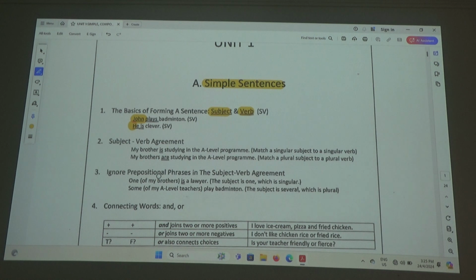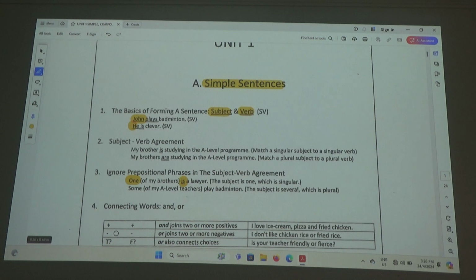The many is not the focus, one is. So one is. One of my brothers, because my brothers is actually a prepositional phrase. That's why we say ignore prepositional phrases in subject-verb agreement. If you say one of my brothers, you still use is, because your subject is one, not brothers.